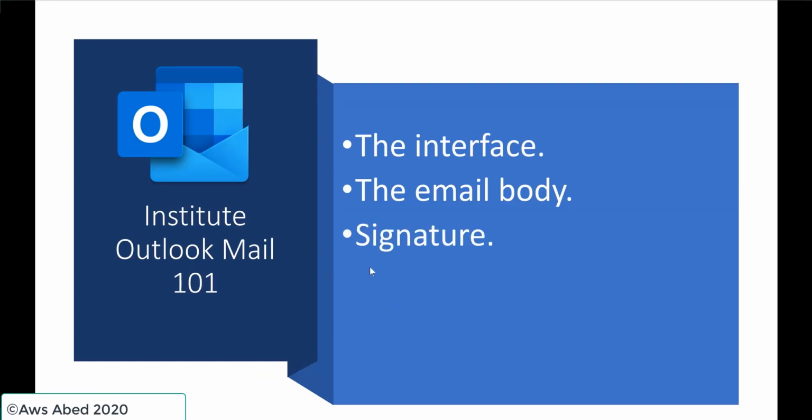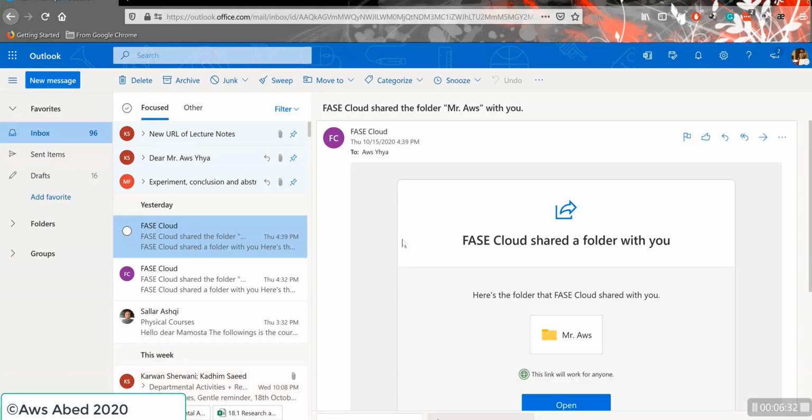Now we will speak about another component, which is the signature of your email. So the signature is usually some text that you put, which will be attached to every email that you write or send.